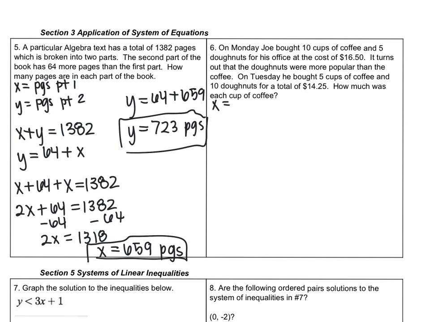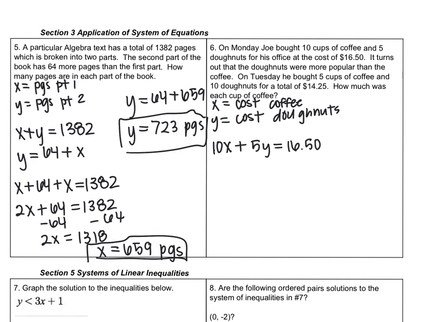So I'm going to let x be the cost of coffee and y be the cost of donuts. So we know 10 cups of coffee and 5 donuts cost $16.50, and then 5 cups of coffee and 10 donuts cost $14.25.